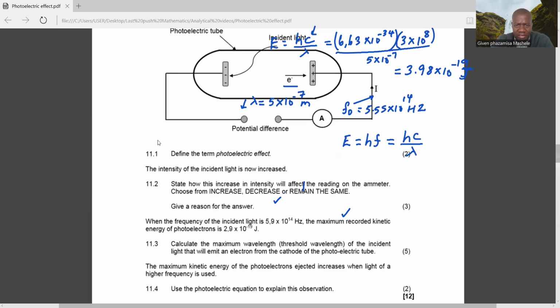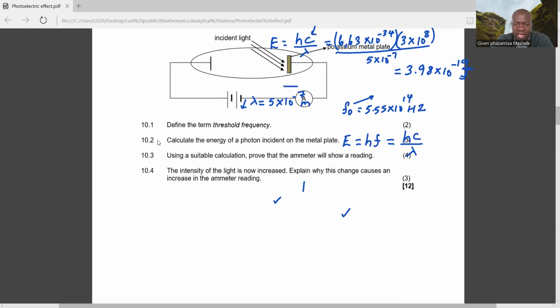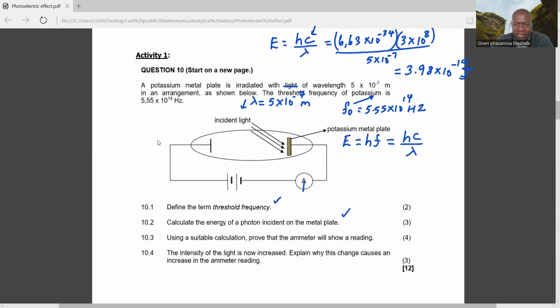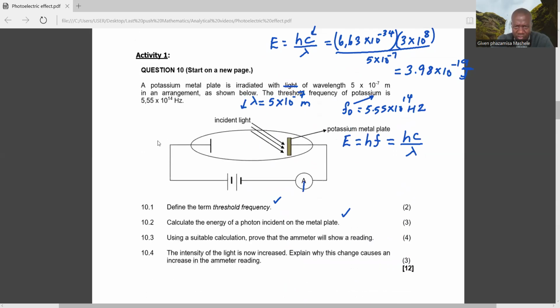Now, the energy of a photon depends on the wavelength and the frequency of light. We know that the higher the frequency, the shorter the wavelength. So the higher the frequency, the higher the energy of photon, because they're directly proportional.